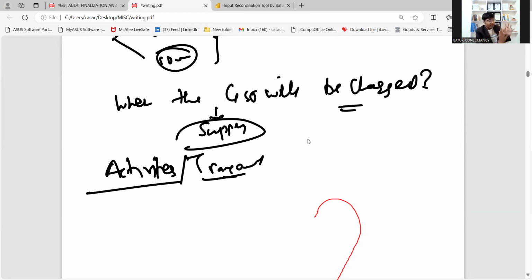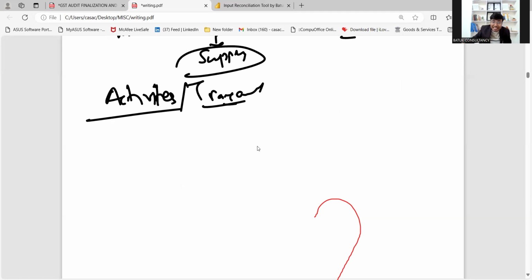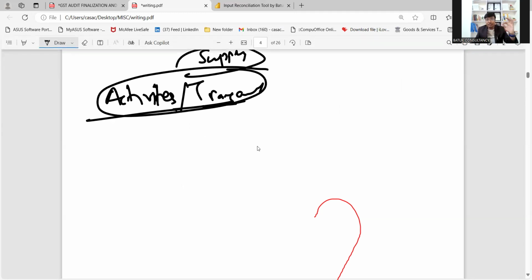Now you need to decide whether all these types of activities fall under the definition of supply, so GST will be applicable on all these particular types of supply. Now suppose you are doing the audit of a manufacturing industry. In that case you need to ask the same question and verify the activities and transactions. Sir, what do you do? Sir, do you purchase raw material?